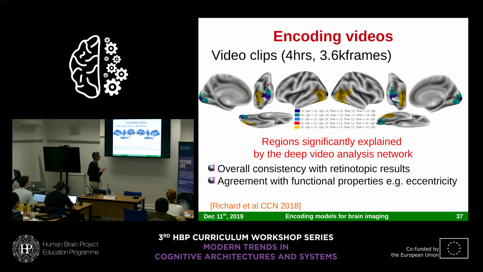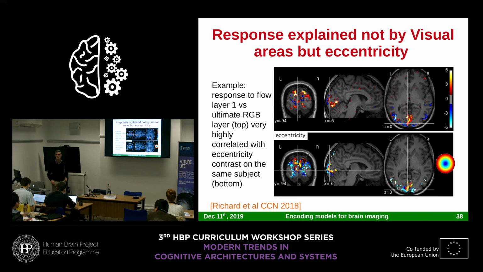We actually acquired data on the whole brain, but you see that the responses are strong only in the occipito-temporal junction and all the occipital regions, the middle part, etc. The interesting thing is that when we see which layer explains well which voxels, we obtain some relatively clear boundaries. Some of them are related to the different visual areas. Some of them are not, and it was a bit of a strange result.